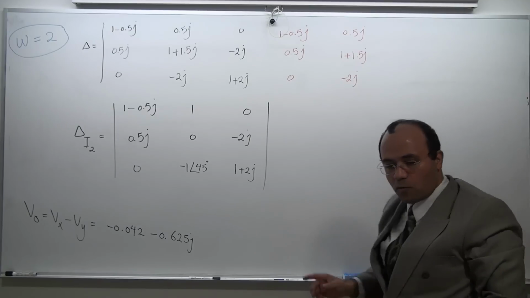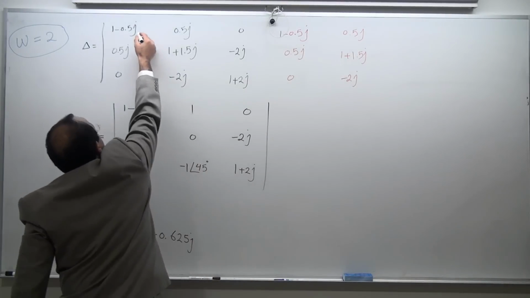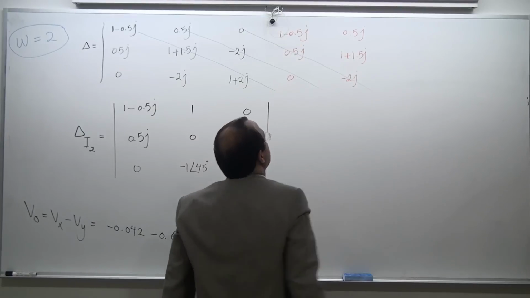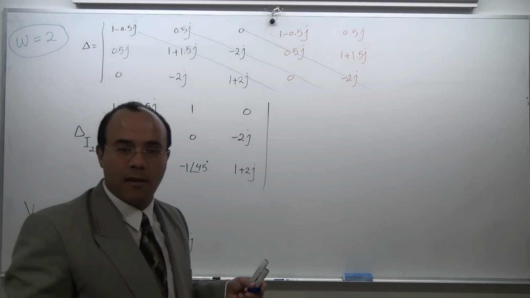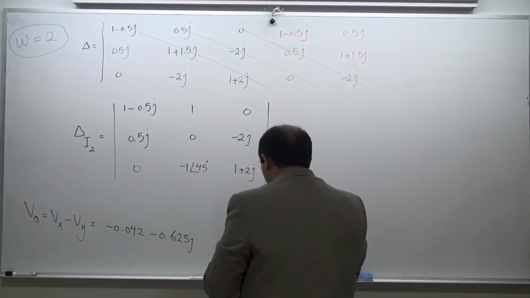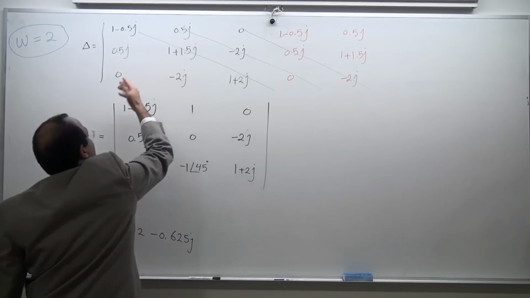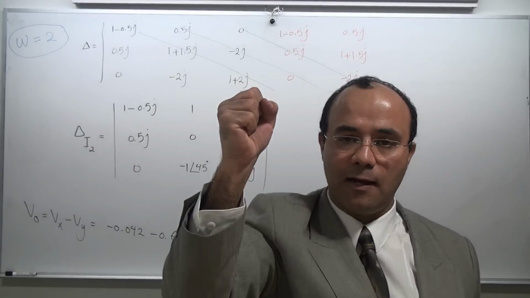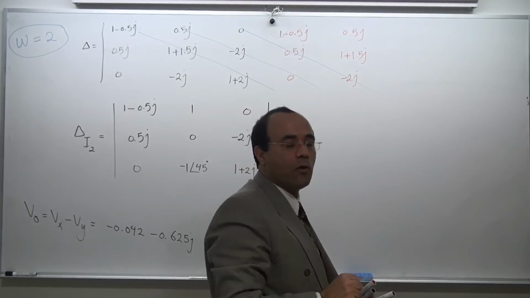Then I need you to focus on the diagonal component. So this is diagonal. 1, 2, 3. You need to multiply them, you need to sum them up, and that's going to be the diagonal contribution. Then I need you to do the anti-diagonal. This, this, and this. You need to sum up all the anti-diagonal as one element. Diagonal minus the anti-diagonal, that would be your response.